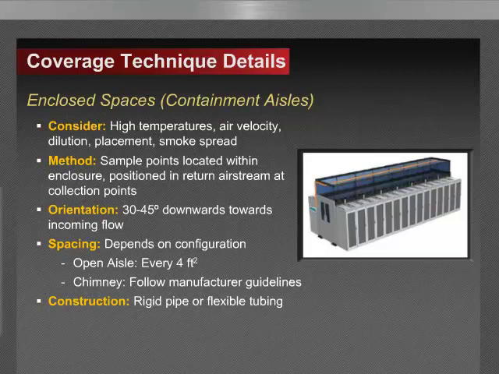And then, of course, there's chimney configurations, and which we can consider in an application very similar to what we would a duct application. But essentially, the best guidance is to follow manufacturer's guidelines, as there's many configurations that we can see in this type of space here. Construction, again, could be rigid pipe or flexible tubing, depending on the configuration.